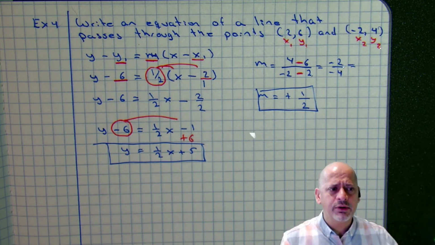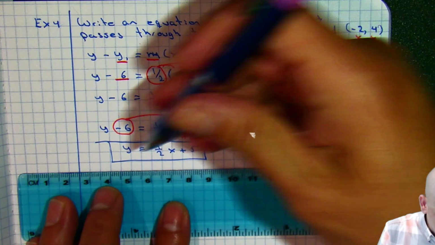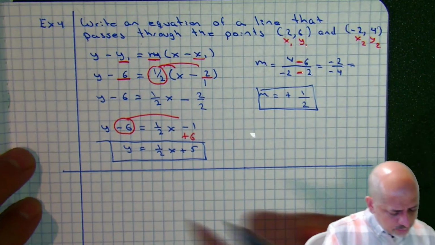Should we do one last example? Let's do one last example. And then I'll give you guys a few problems for homework. Very few. So example number 5.